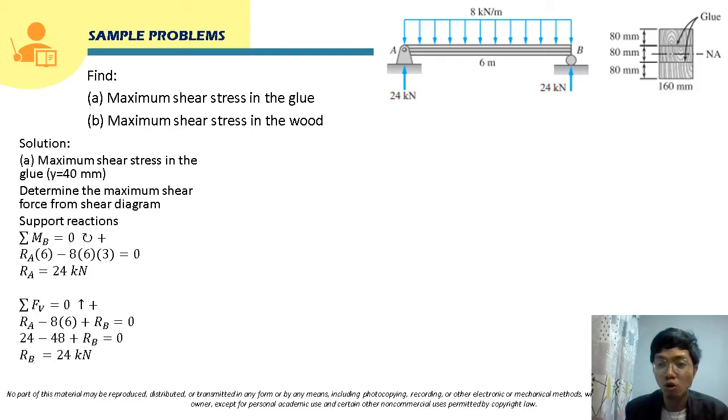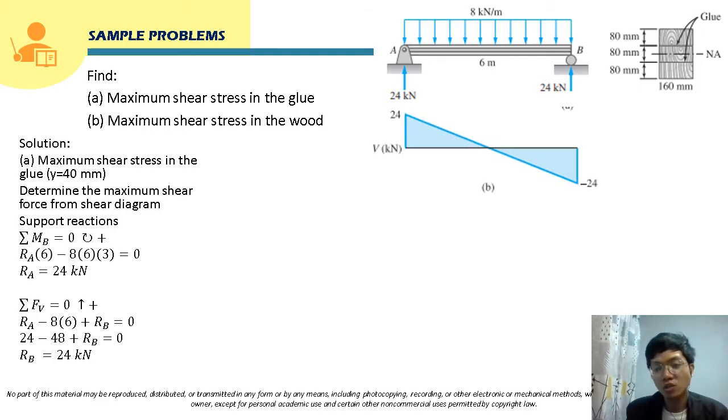If you are going to draw the shear diagram, at this point, class, our shear force is 24 kilonewton upward, so it will be positive here. Then at point B, our shear force will be negative 24, because 24 minus the area under the loading, and the area under the loading is 8 times 6.